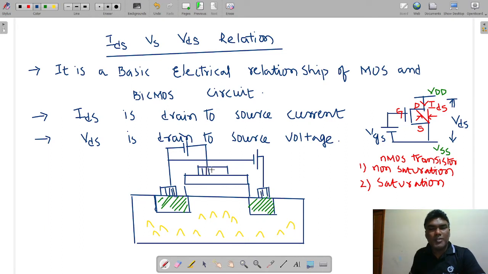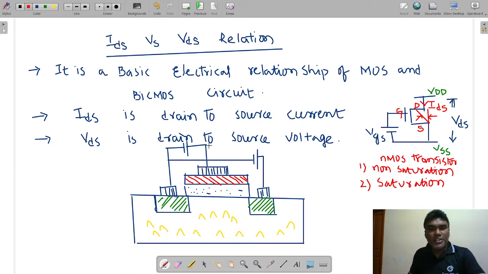Here also the top layer is a metal layer, and below it is the SiO2 layer, the dielectric layer from gate to channel, and this is the polysilicon.